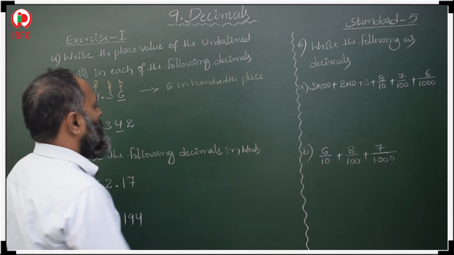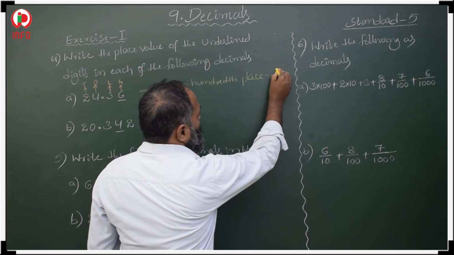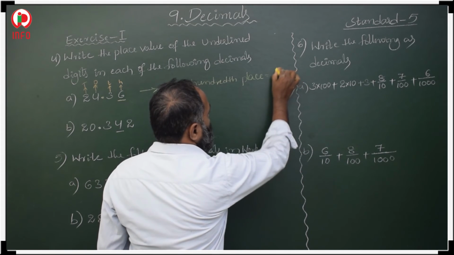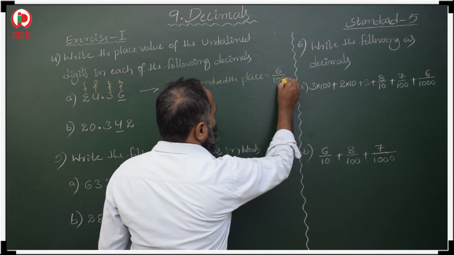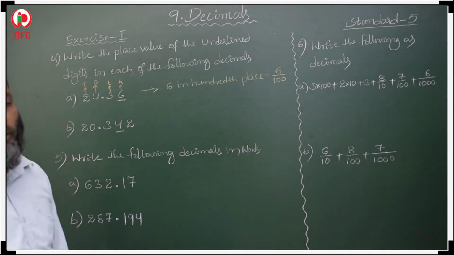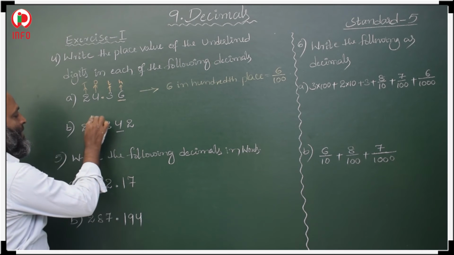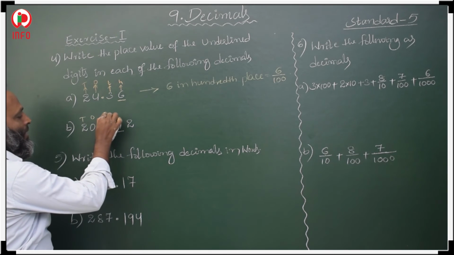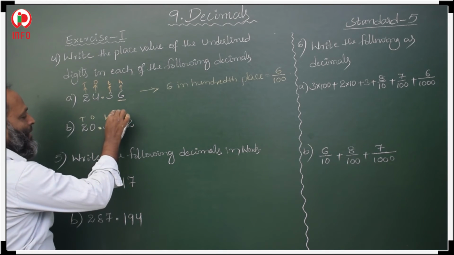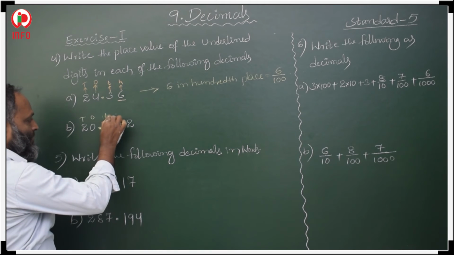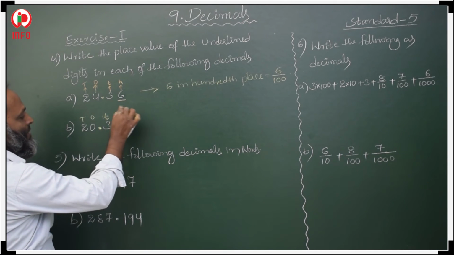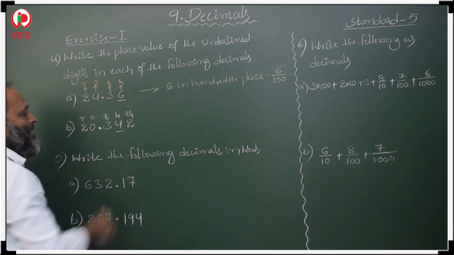Hundredths place, that is 6 by 100. Hundredths place means by 100. Now here, from the decimal point, this is ones place, this is tens place; on the right, tenths place first, then hundredths place, then thousandths place.